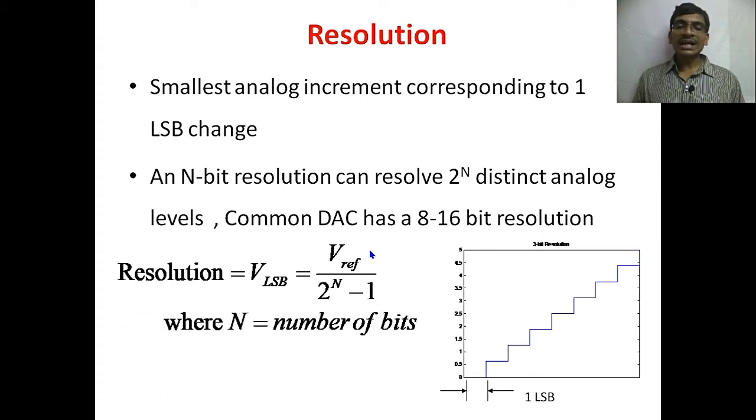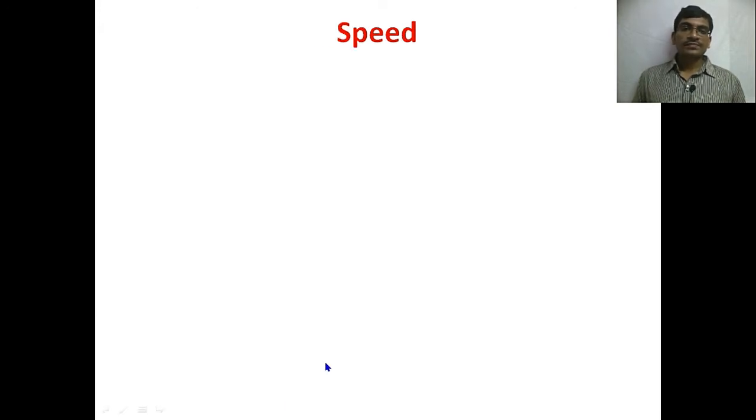The resolution is given as VLSB, or resolution, equal to the reference voltage divided by 2 power n minus 1, where n is the number of bits, and here V reference is nothing but the full scale output voltage VOFS.